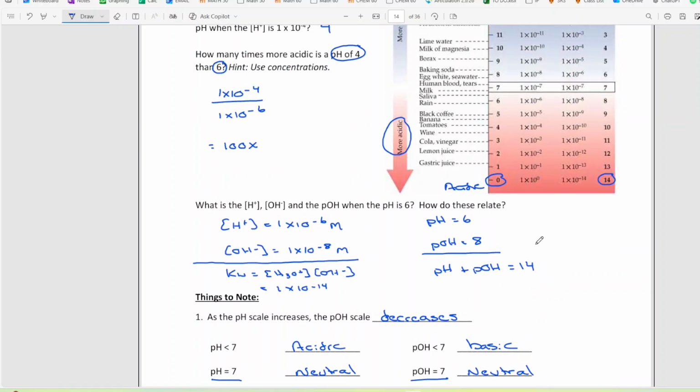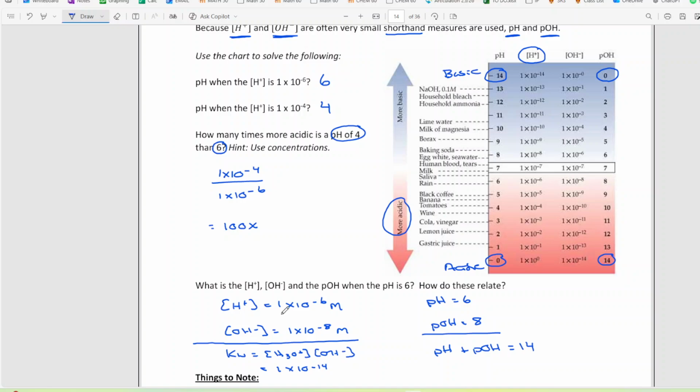The other thing to look at is the concentrations. It's sometimes hard to tell what numbers are bigger than others. So a 1 times 10 to the negative 14 concentration is small versus a 1 times 10 to the 1 concentration, which is large. As your hydrogen ion concentration increases, you get more acidic, but your pH is decreasing. So when your concentration of hydrogen ions is 1 times 10 to the negative 14, your pH is 14, which is quite basic, right?